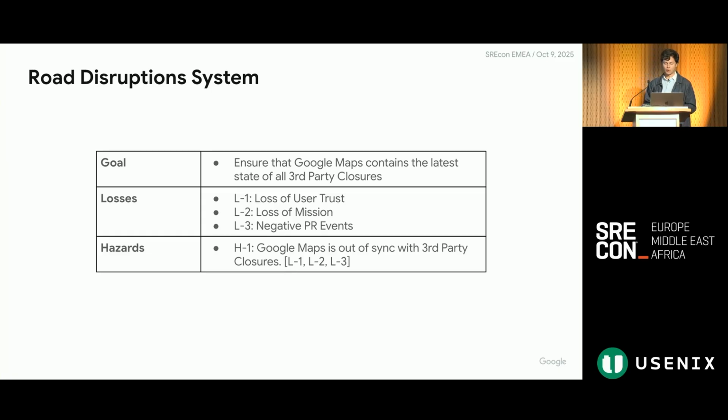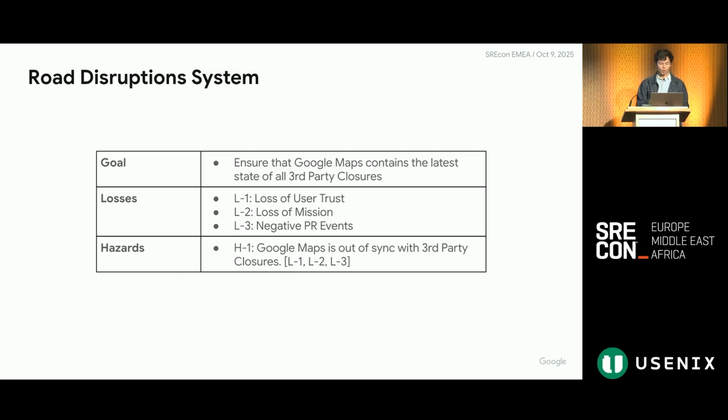Then we define our hazard states. So the hazard state, as either, I forget if it was Garrett or Ruben who described this, is a system state or a set of conditions that, together with a set of worst case environmental conditions, will lead to one of the losses that we just defined.